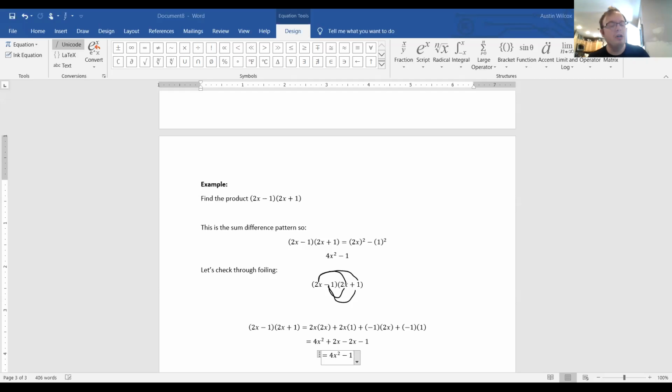Weirdly enough, both of these got r is equal to 1. That will not always happen. You might get two answers, or you might get just one, like r is equal to 1 here. That is our only solution.